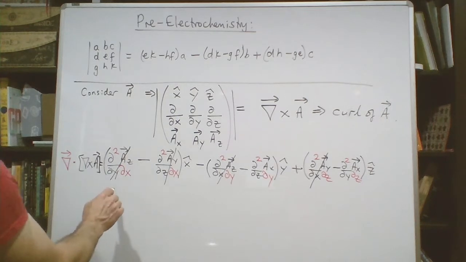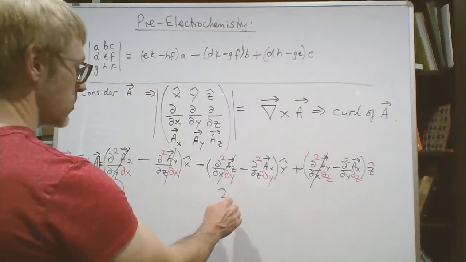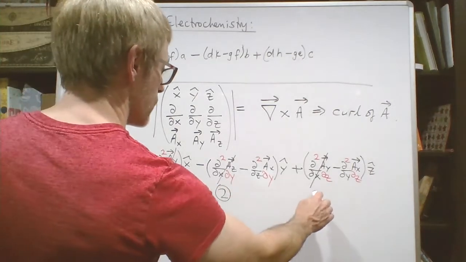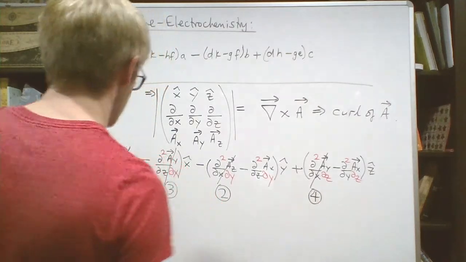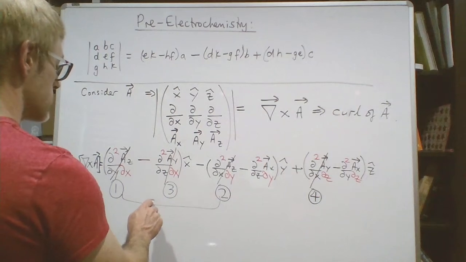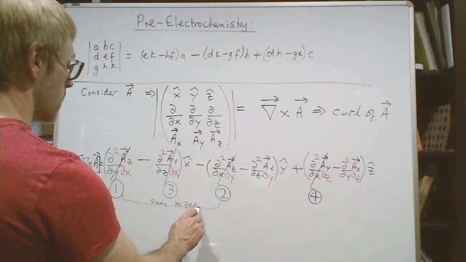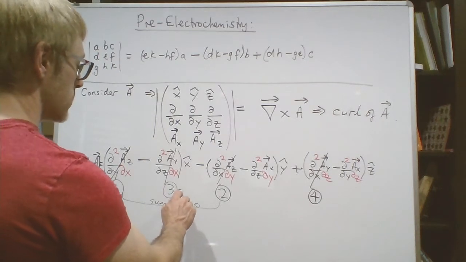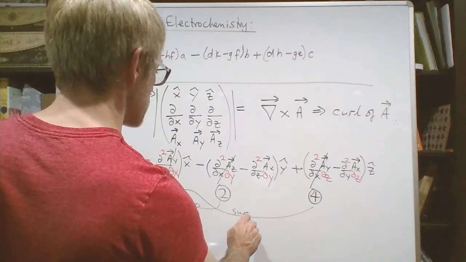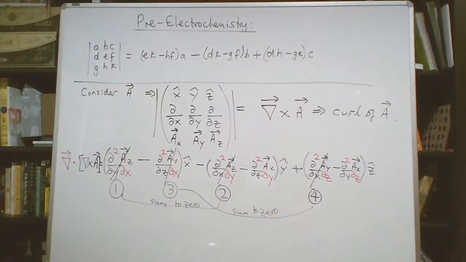Okay, so far we've had 1 and 2 and 3 and 4. So we've seen 1 and 2 sum to 0, and 3 and 4 sum to 0. So far so good.